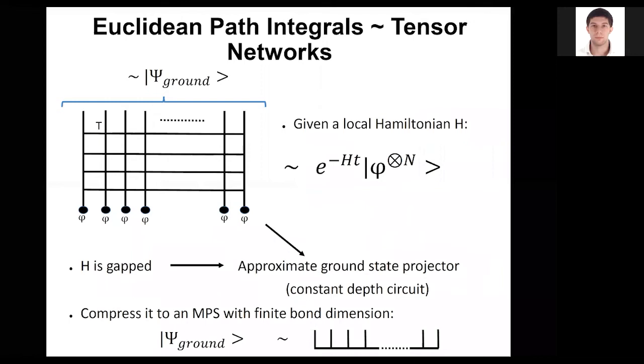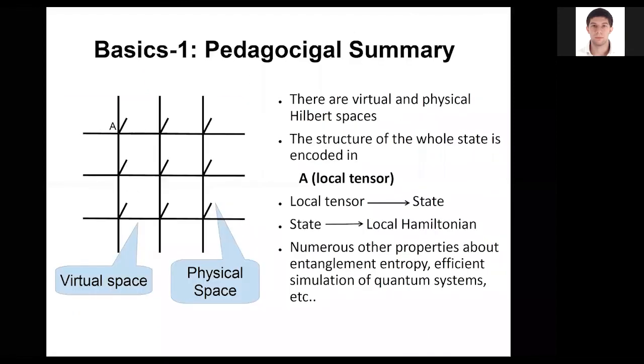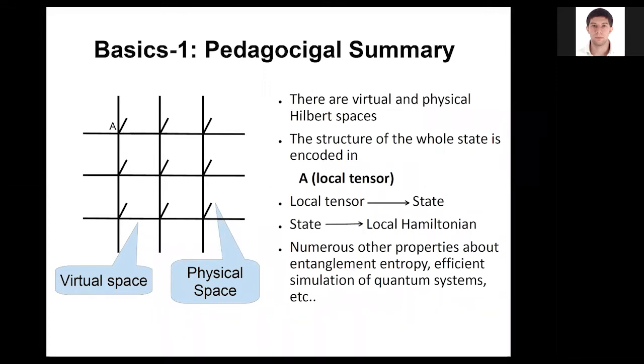Can I ask something as well? Yes. So in this pedagogical summary, you're given a physical system and you're trying to probe it with local tensors, but the problem is now finding the right local tensors such that you find the correct Hamiltonian. Is this the case? So we are not really probing the state. We are not really given a state.